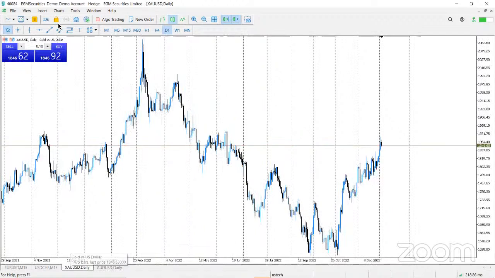And if you are to look at the gold chart over the same time frame on the daily, what can we see? General drop and then an increase like that. So we can say the Australian dollar and gold are positively correlated.